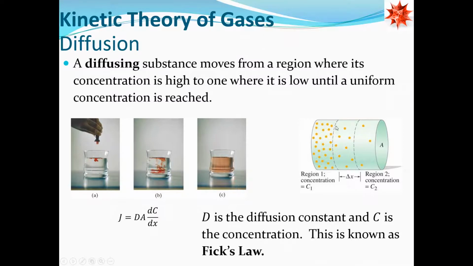And then the particles that are colliding over here will actually bounce over into the other areas. So that's what's going on at the microscopic level for diffusion. This ends up becoming an equation called Fick's law, which talks about how quickly it diffuses.